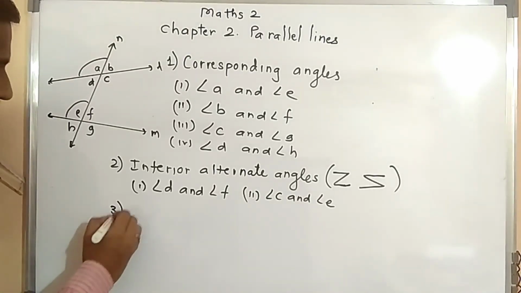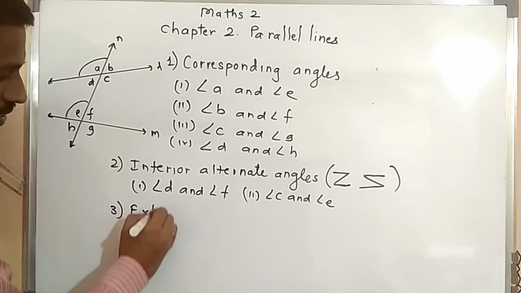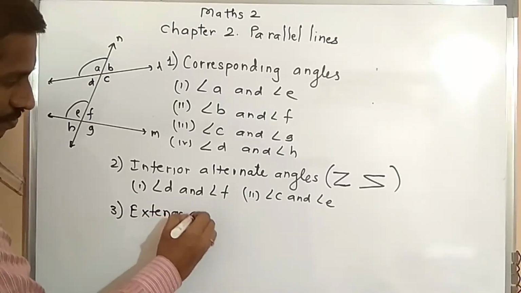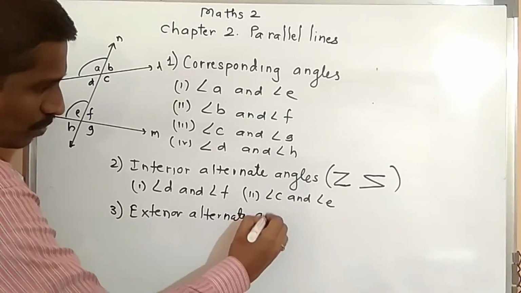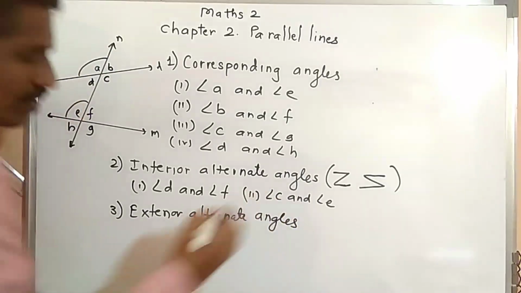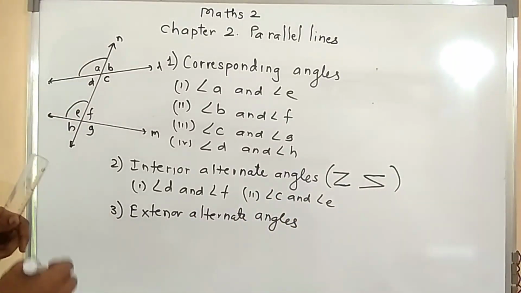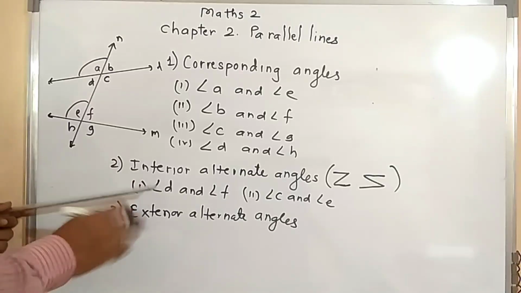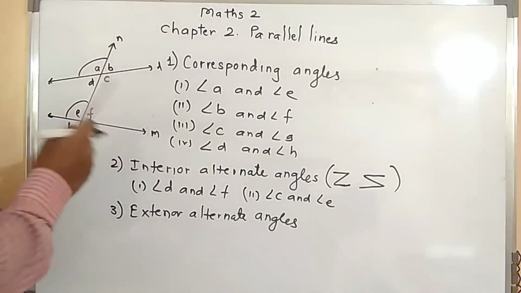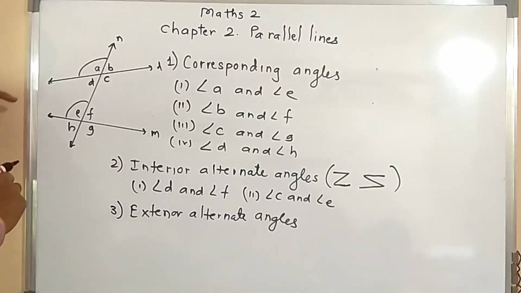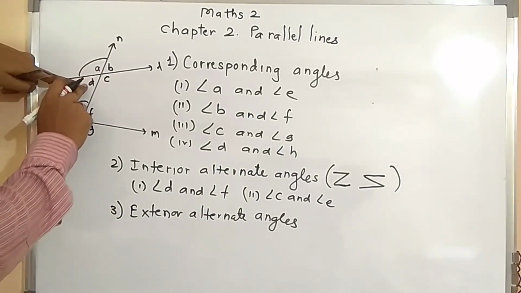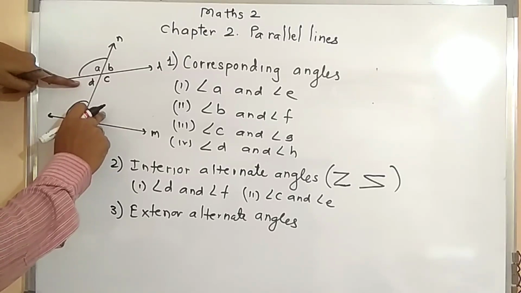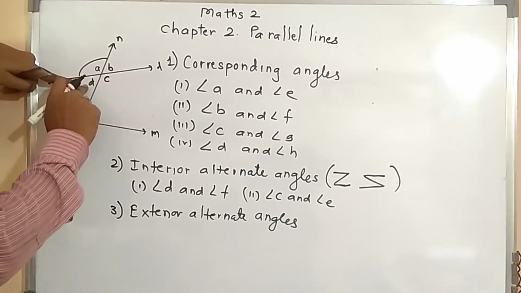Third one, exterior alternate angles. What do you mean by exterior alternate angles? Angles formed by the opposites of these interior alternate angles. What are the interior alternate angles? D and F. What are the opposites of those angles?